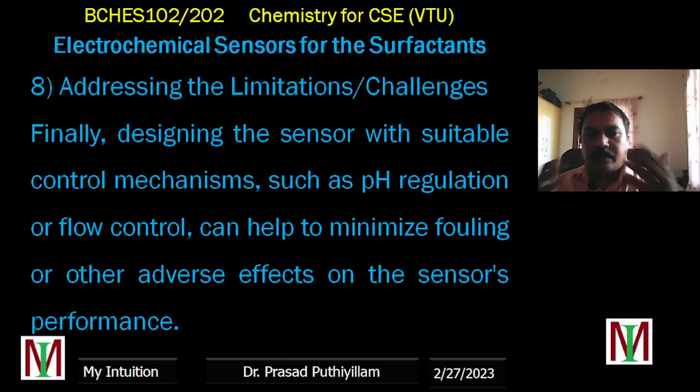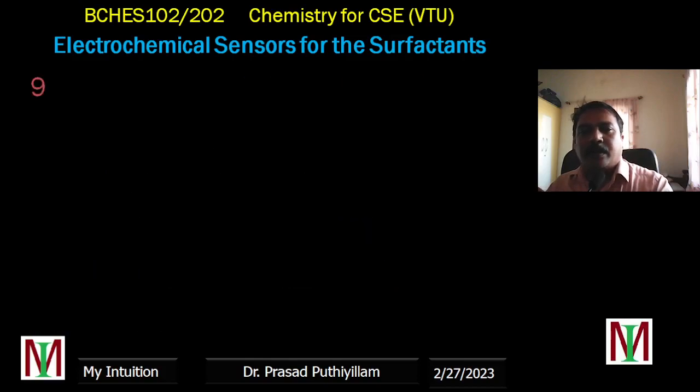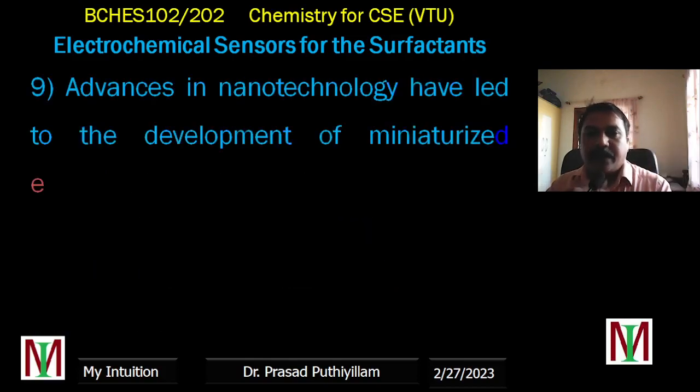For flow control, where we are measuring the sample, there is a flow of ions, flow of electrons, or when we are measuring in real time analysis in industry where the surfactants are flowing from one reactor to the other reactor, in between we have to keep the sensors. So if proper flow control is not there, all those can affect the sensor's performance. So we should have proper readiness for that.